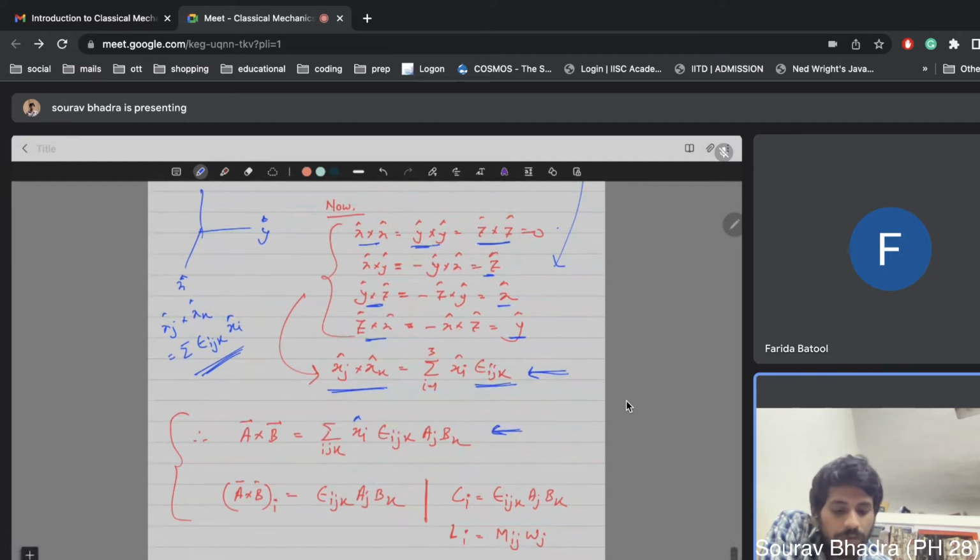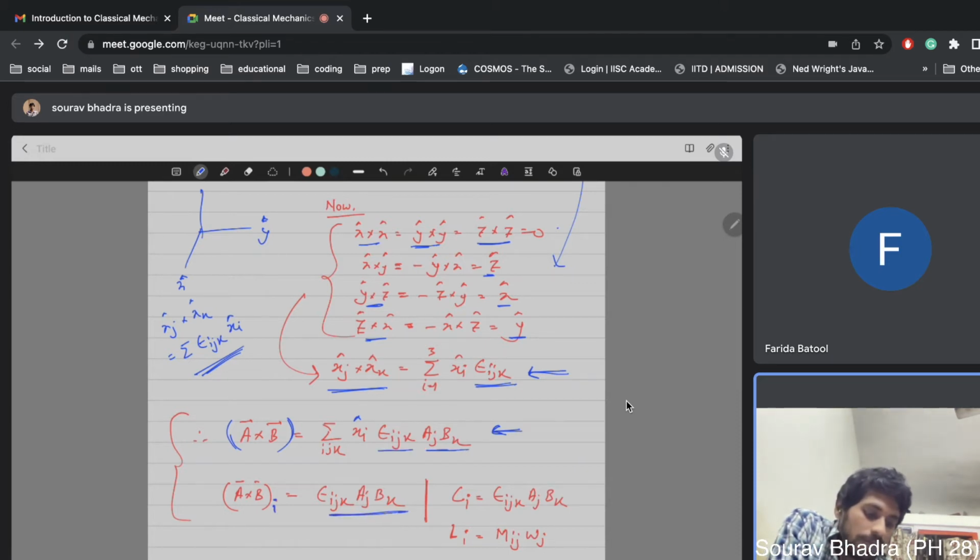Now this A cross B is also a vector. If you want the ith component of the cross product, meaning A cross B with a subscript i, that is given by epsilon ijk aj bk.